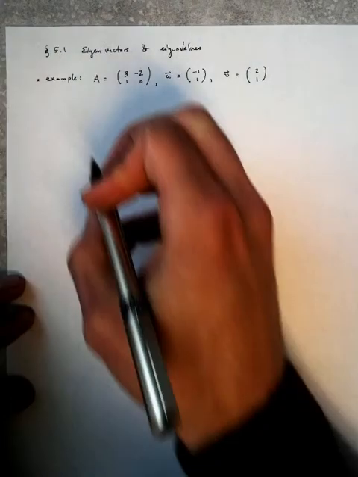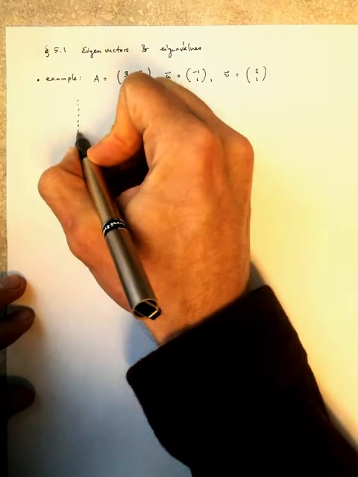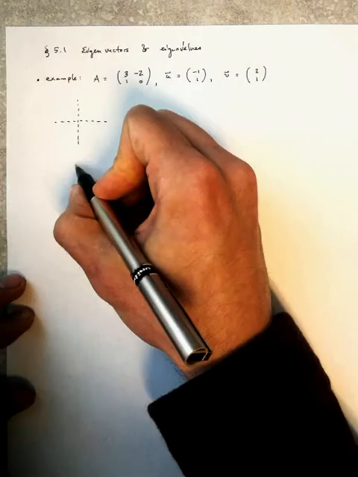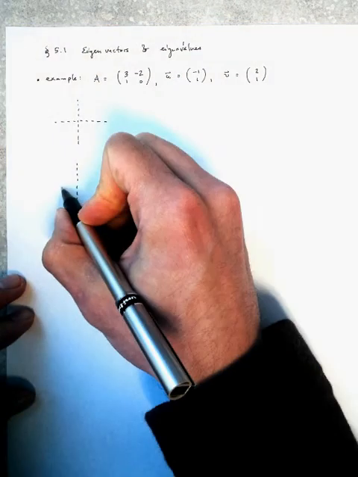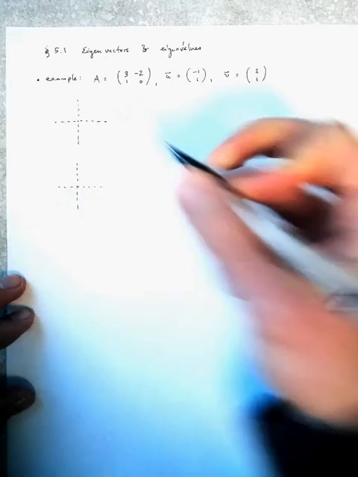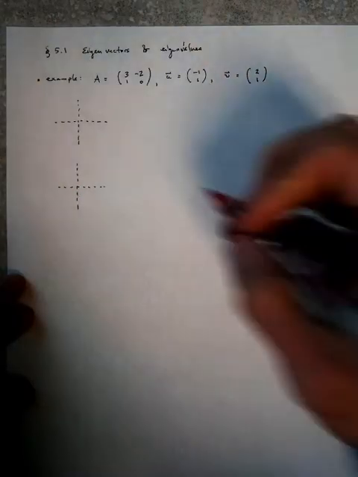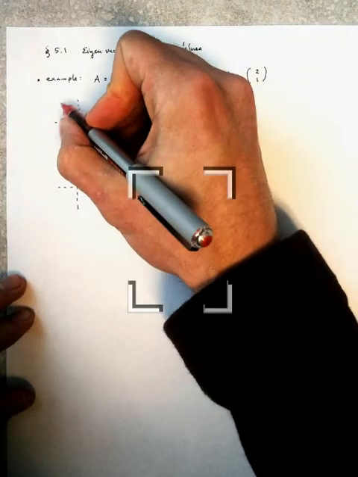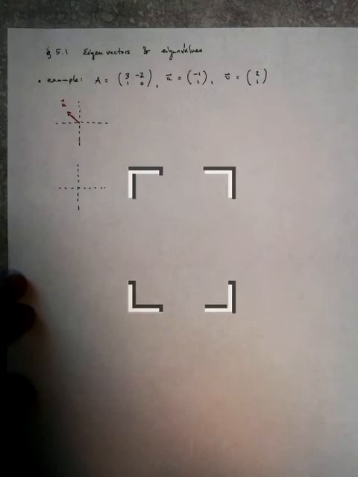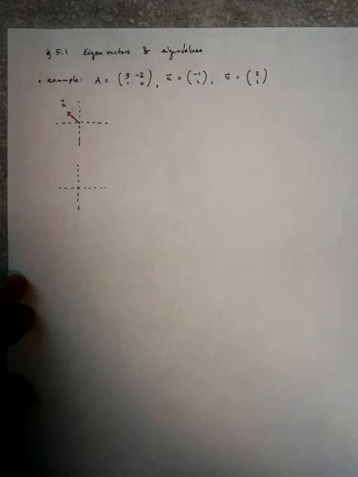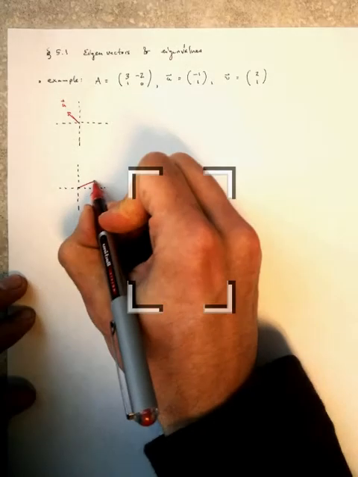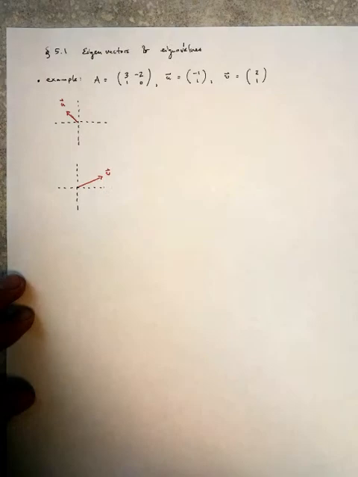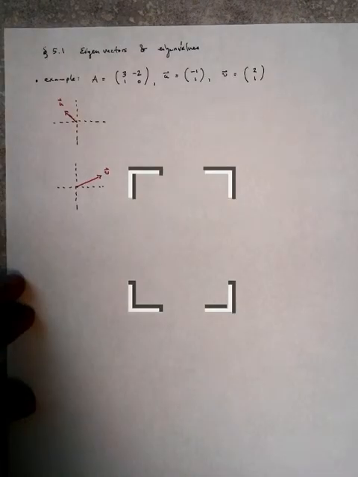So let's draw U and V. So U looks something like this, and V looks something like this. Right?